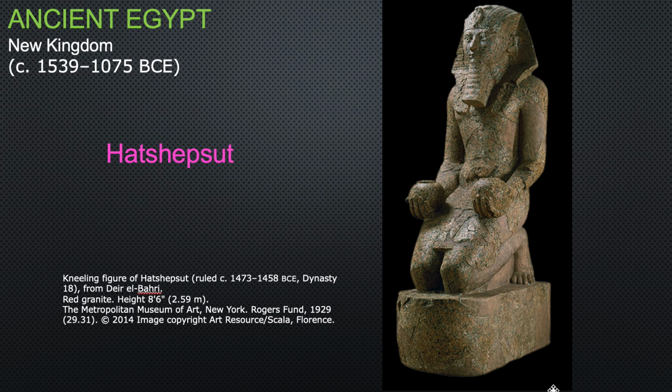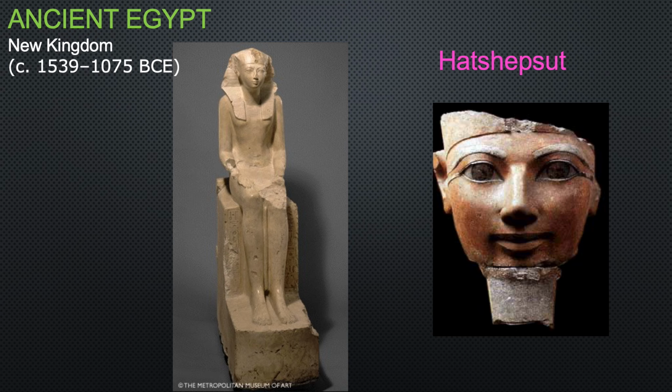So there's the kneeling figure of Hatshepsut. More figures of her. It's also believed that after her death, there was an attempt to sort of erase this embarrassing chapter from the history of Egypt. And so there was a lot of destruction of images of her.